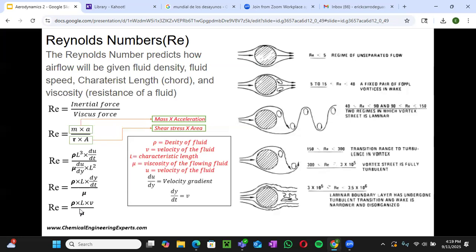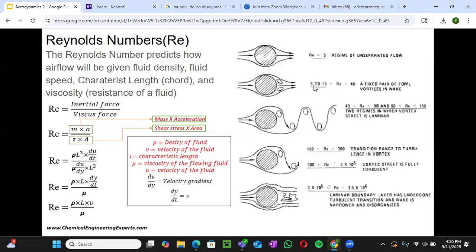Oh yeah, thank you. So up here with lower Reynolds numbers, you have smoother and laminar flow. Obviously, for different purposes, you'll have different types of laminar flow. Even for this instance, we have smooth and laminar flow for a ball at 5 Reynolds numbers. Anything less than 5 is smooth and laminar flow.